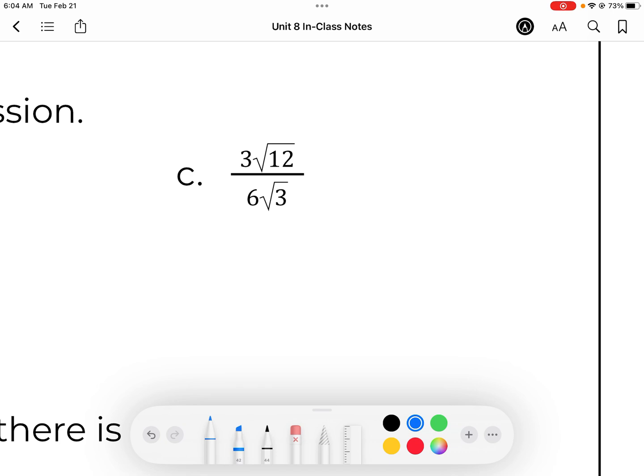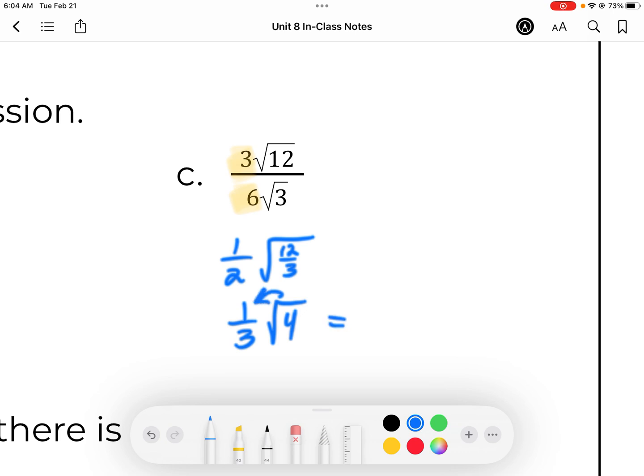So again, we're going to start simplifying these fractions as far as we can. We have our 3 over 6. That part can be simplified into 1 over 2 because 3 divides by 3, 6 divides by 3. We get 1/2. But then we just have one radical expression of 12 divided by 3. 12 divided by 3 is 4. This term is going to go on the top again.